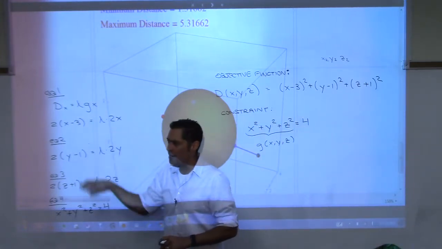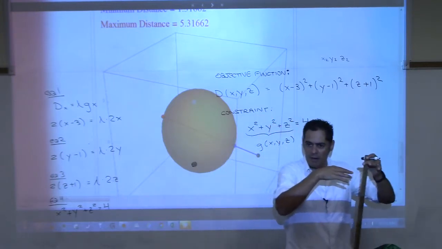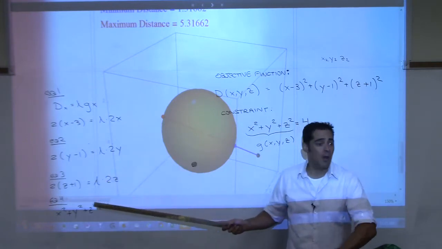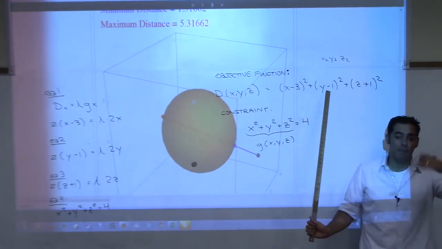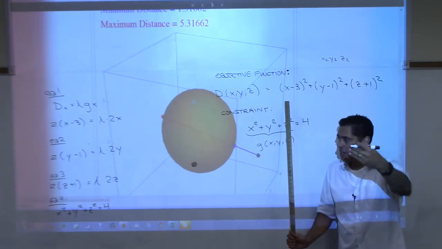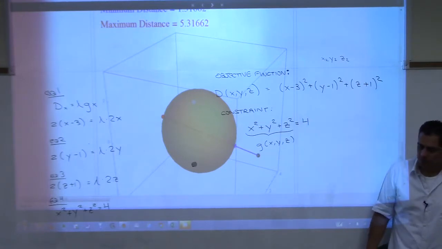When you find your x, y's, and z's, you might have multiple x, y, z's, because of all these different cases you look at. Once you get these, you plug them back into capital D. The biggest one would correspond to the point that's furthest, and the smallest one would correspond to the point that's closest.